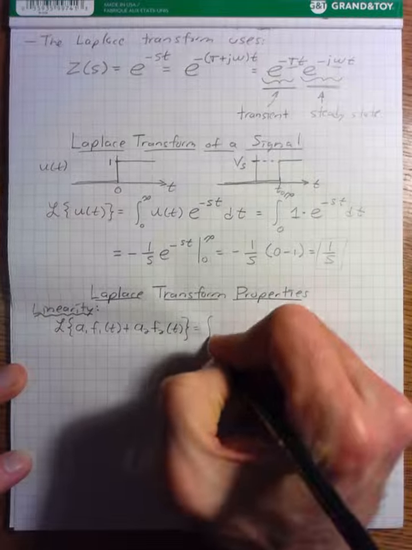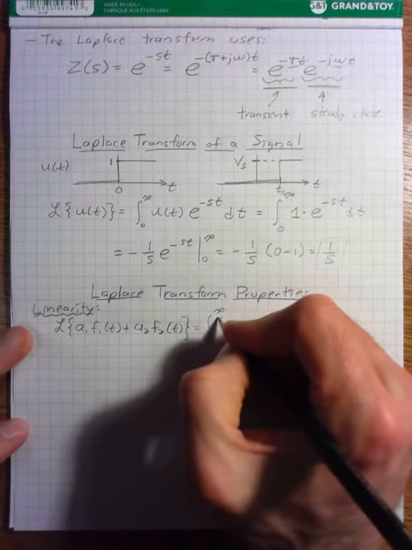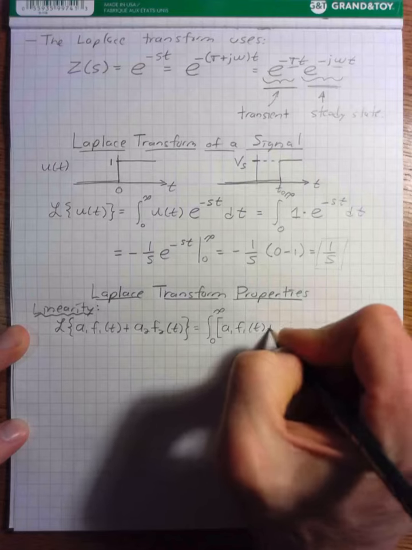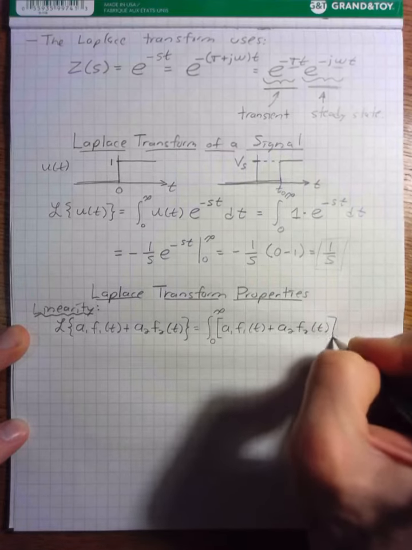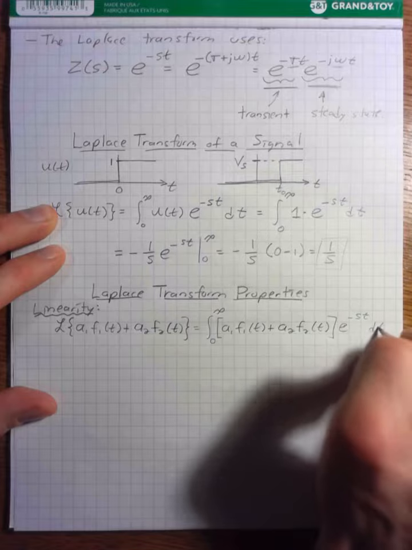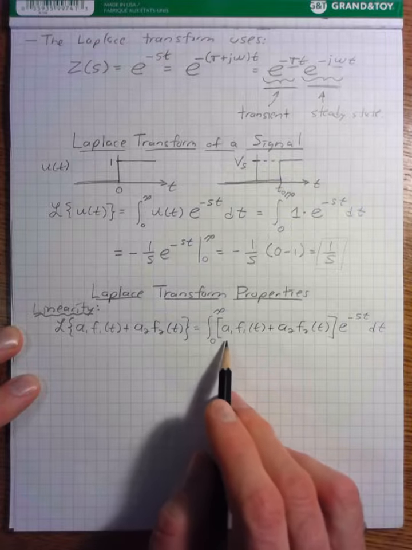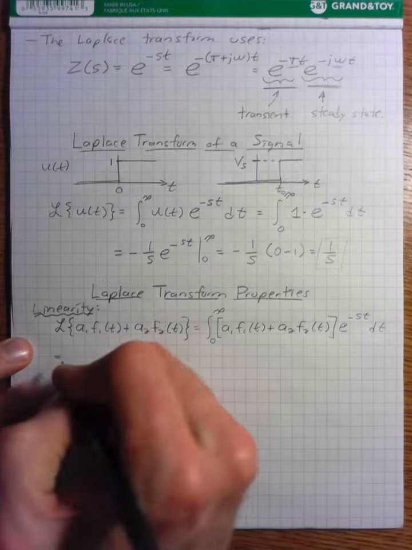So we'll take the integral of this expression, a1 f1 of t plus a2 times f2 of t, e to the minus st, integrate with respect to time. Because integration itself is a linear operation, we can divide this into two different integrals.